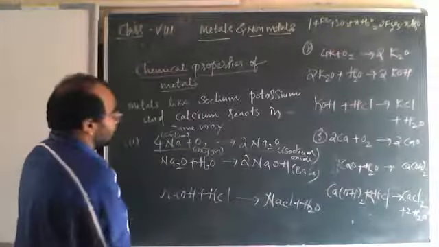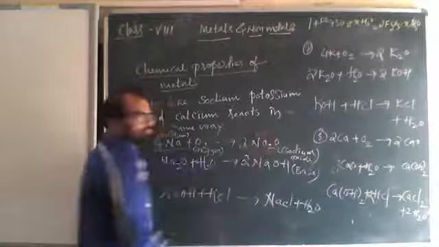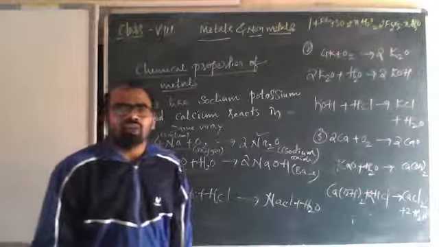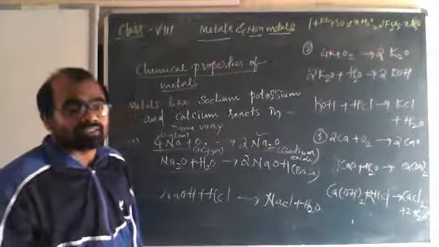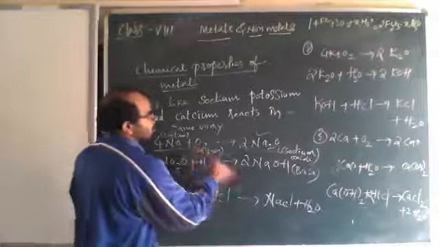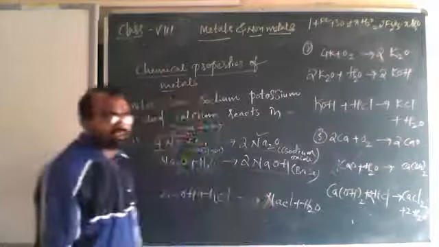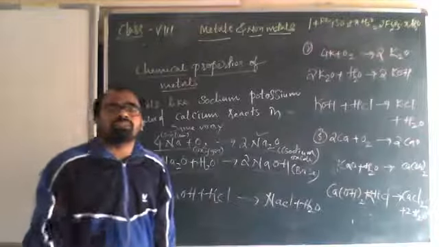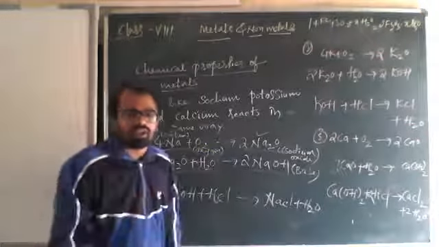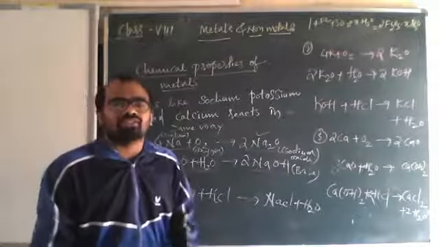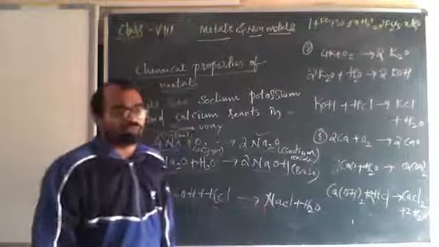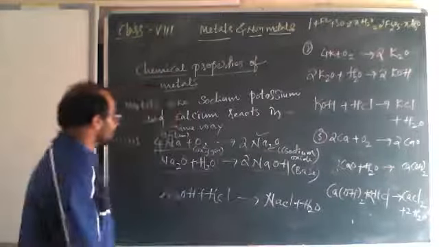Now the formed sodium oxide reacts with water to form a base. That means this sodium oxide reacts with water to produce sodium hydroxide. When OH comes, it is called hydroxide. Remember this: H for hydrogen, O for oxygen, OH means hydroxide. Na means sodium, so sodium hydroxide.